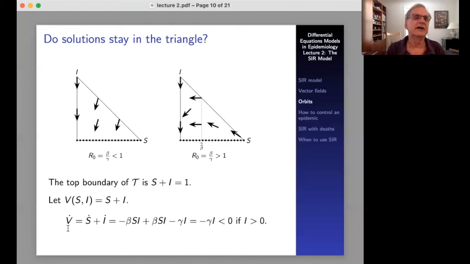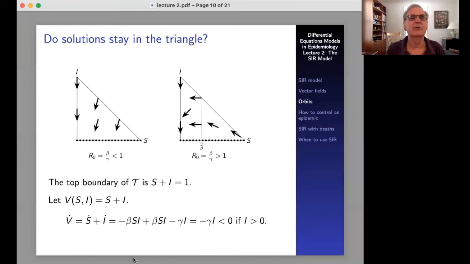So let's look at V dot. It's S dot plus I dot. This is how V is changing in time along a solution. What is S dot? Use the differential equation. It's minus beta SI. What's I dot?